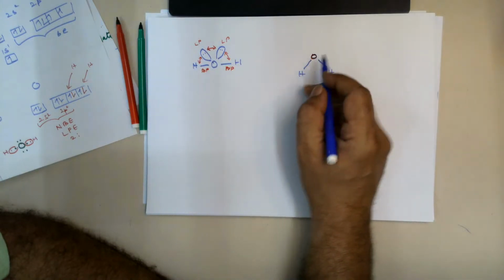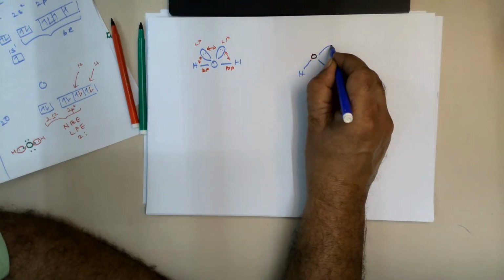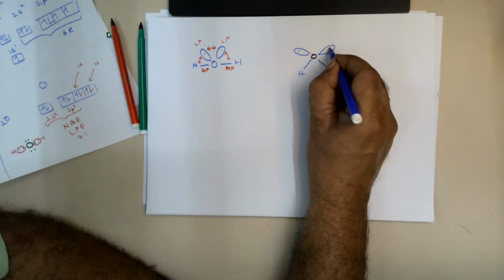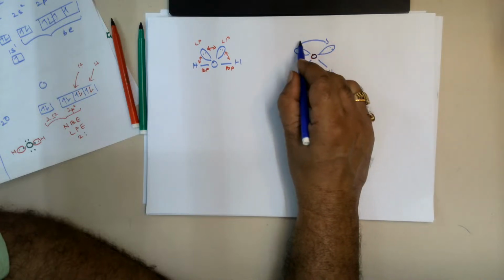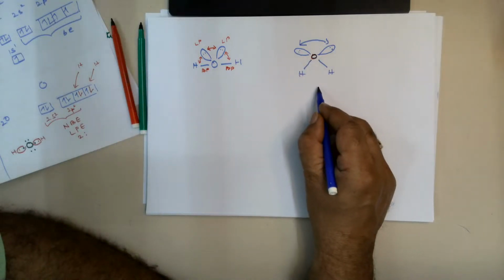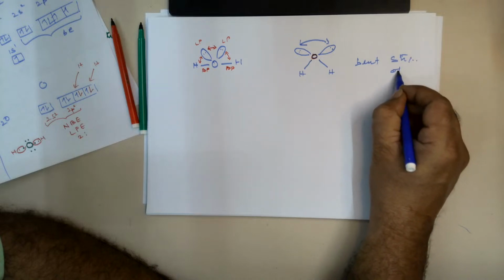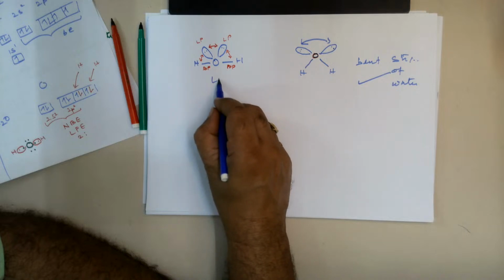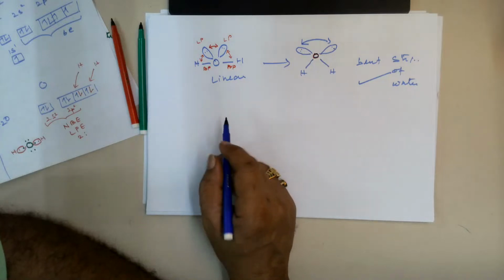So it comes down. They want to keep away from each other. As you know, like charges repel each other, and that is why they repel. So you are able to get the bent, V-shaped structure of water. This is the correct structure, whereas this is the linear structure, which is ruled out. So from linear it has become a bent structure.